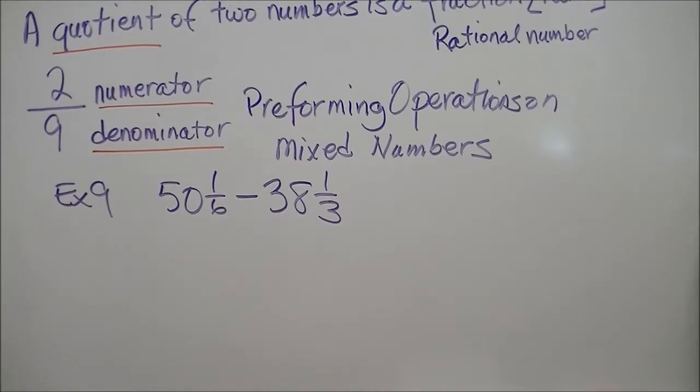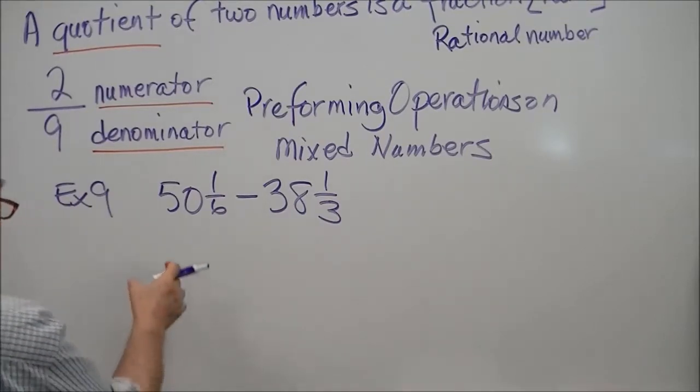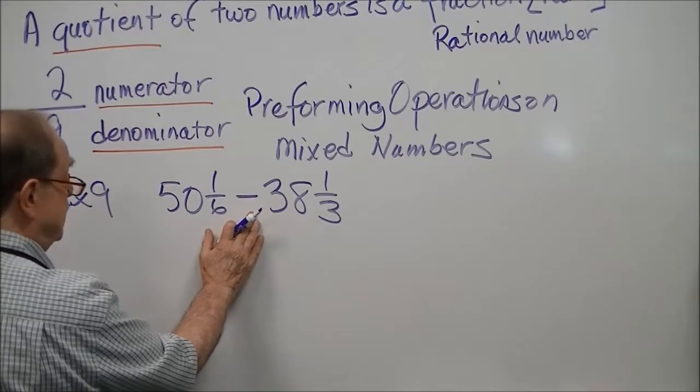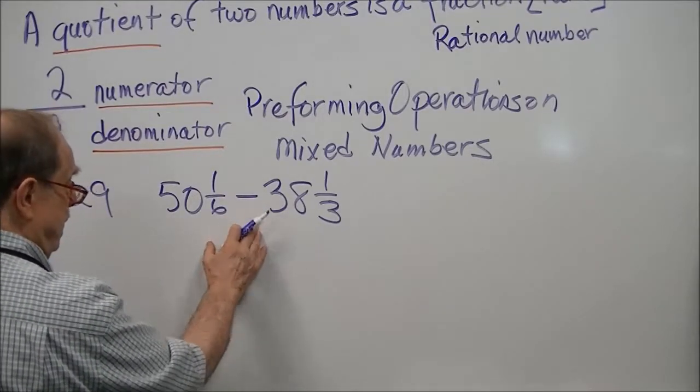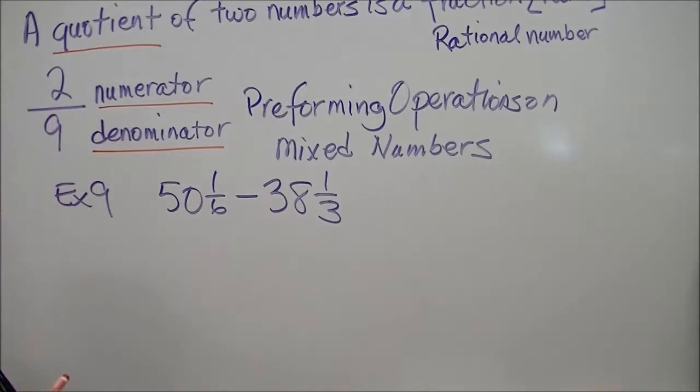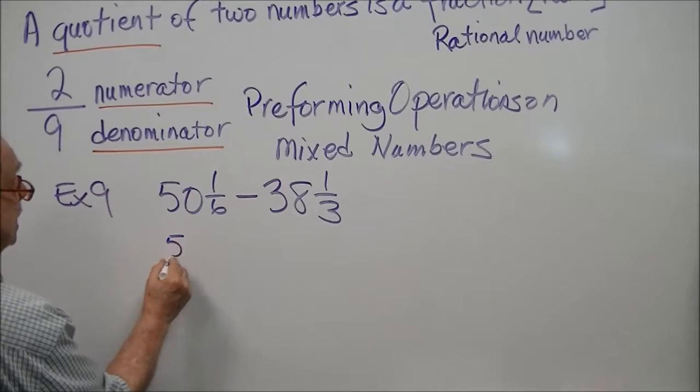Now in example 9, they're asking us to do the operation of subtraction, and part of this is what strategy do you use? Well, I would suggest a strategy in which you line them up like so.